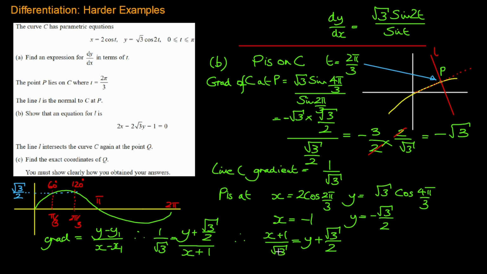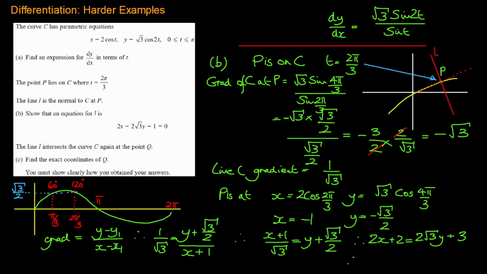So we're multiplying everything by 2 root 3, the denominators. On this side, the root of 3 disappears and both of these terms get multiplied by 2. So I get 2x plus 2 is equal to, the y gets multiplied by both of the terms, so this is 2 root 3 y, and this just by root 3. So this will be simply root 3 times root 3, which is 3.